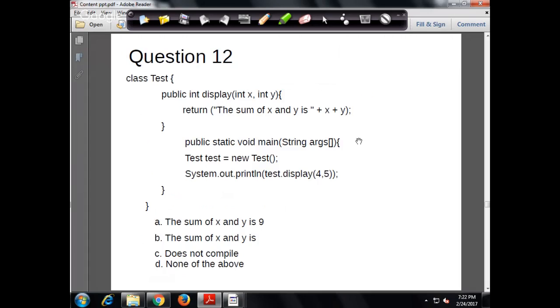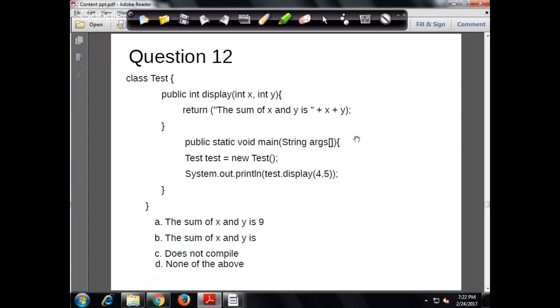I'm waiting for a few more of you guys to answer. Okay, so I'm going to show the answer to this question. Can't return a string from an int method. Okay, so 12C. Chaitali has answer 12C.